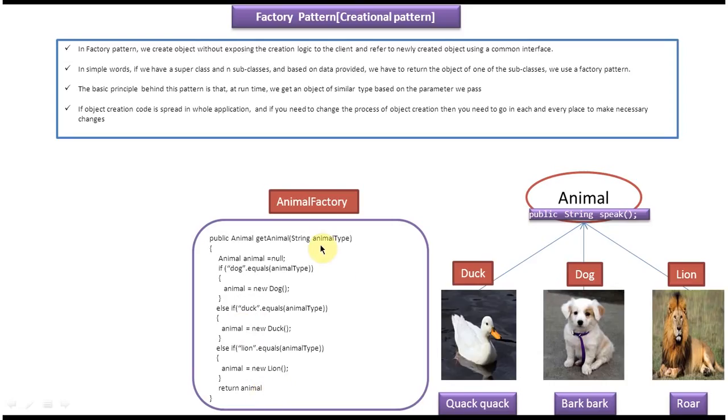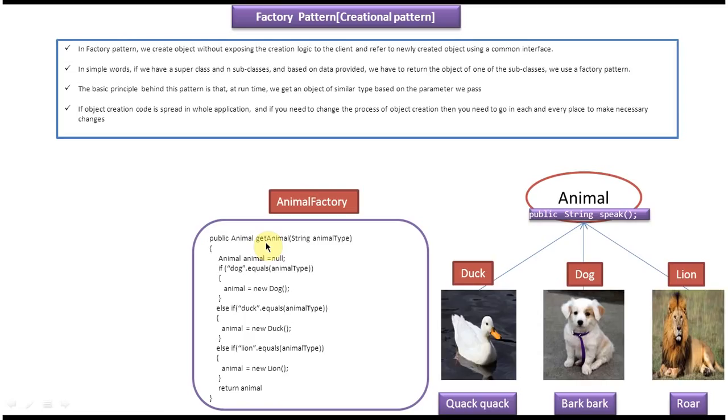Like that, if you pass the animal type as lion, then a new Lion object will be created and assigned to the superclass reference Animal, and that will be returned to the caller. So basically, based on the animal type you pass, this method will create the corresponding animal, assign it to the superclass Animal reference, and return it to the caller.